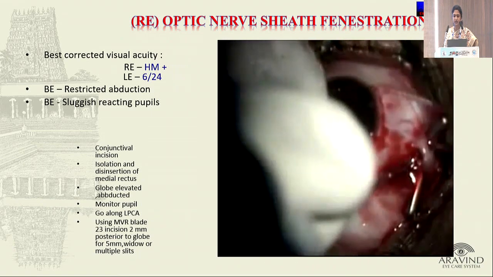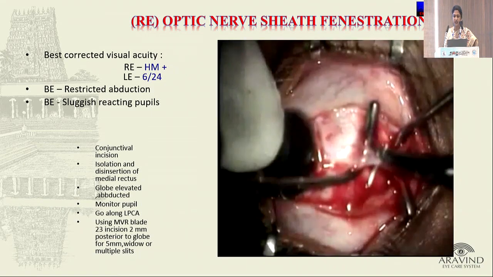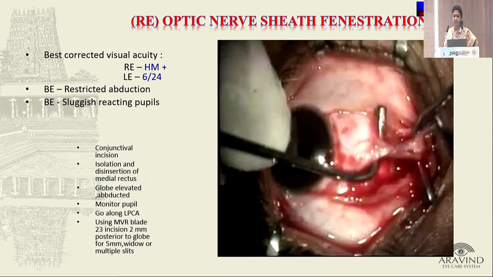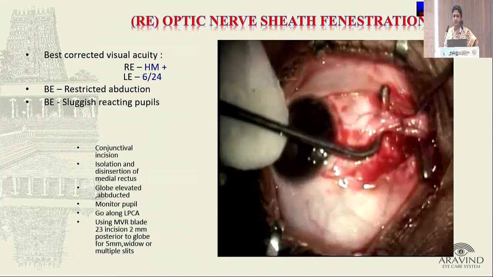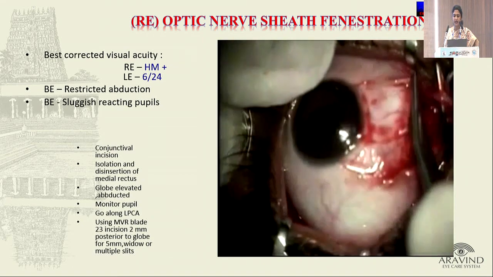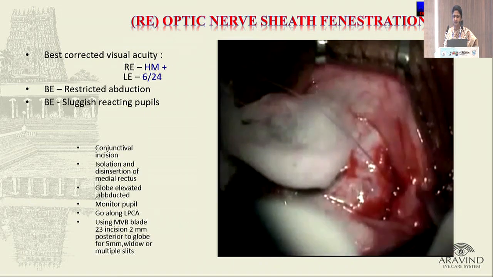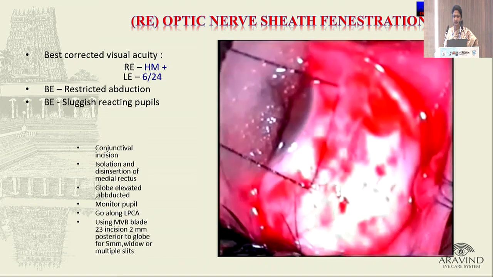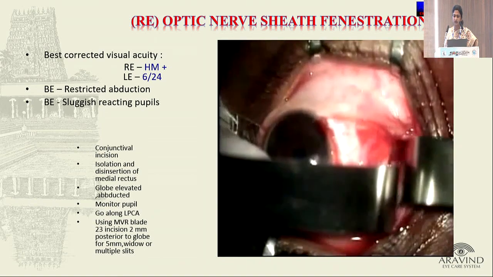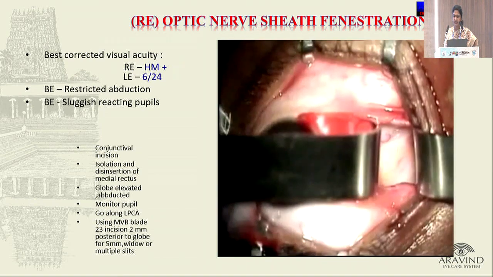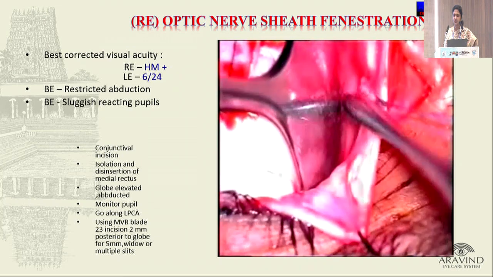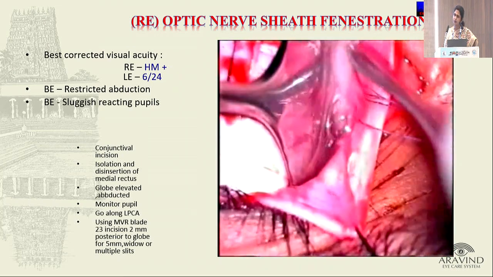As shown, you make a conjunctival incision, isolate and disinsert the medial rectus, and you elevate the globe and abduct it. Keep monitoring the pupil. Go along the posterior ciliary artery, and you use your MVR blade or a paracentesis knife.